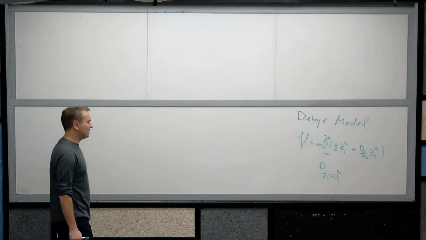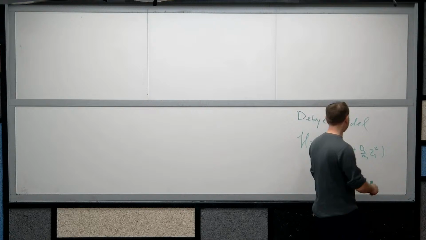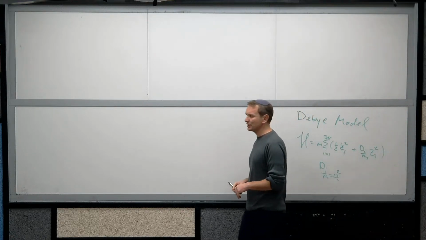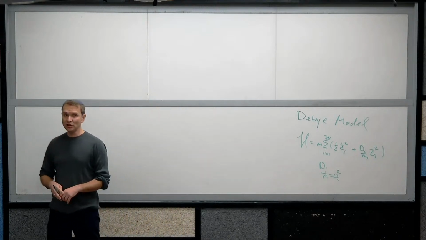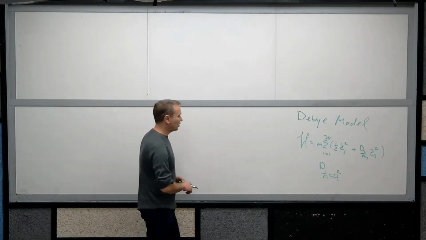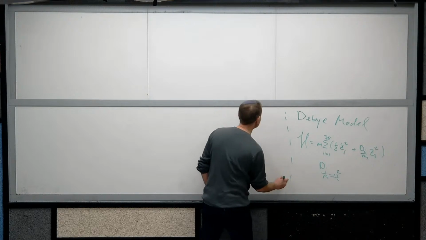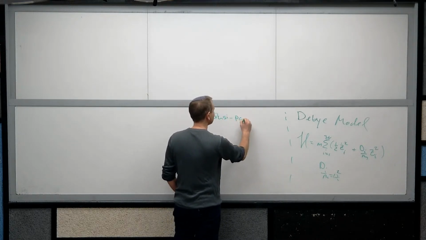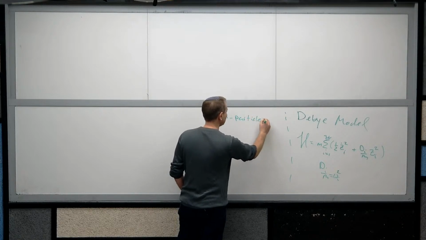Basically, those coordinates z are degrees of freedom. They do not specify any specific position, but they specify particles or quasi-particles that we call phonons.